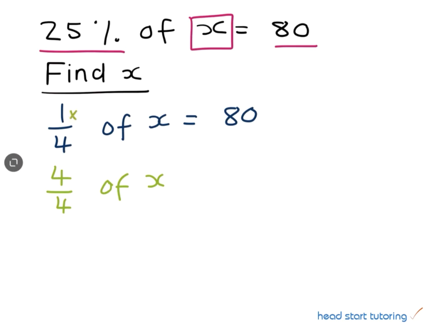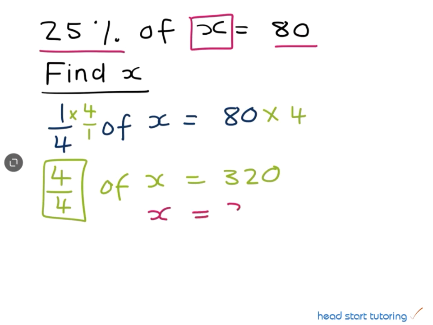So we need to multiply 1/4 by 4/1 to get 4/4. And therefore we have to multiply our 80 by 4, or 4/1 as well, and we end up with 320. So 4/4 of x, or we can just say x is equal to 320.